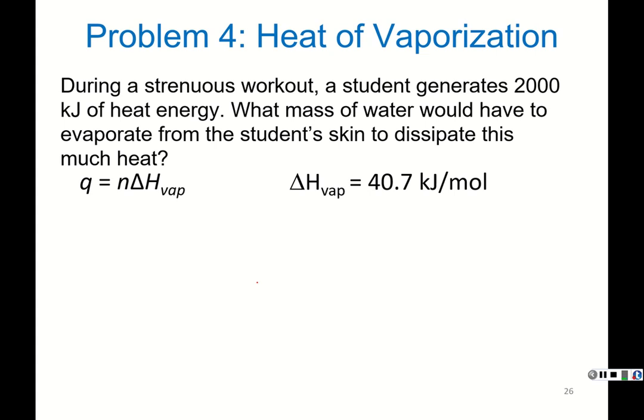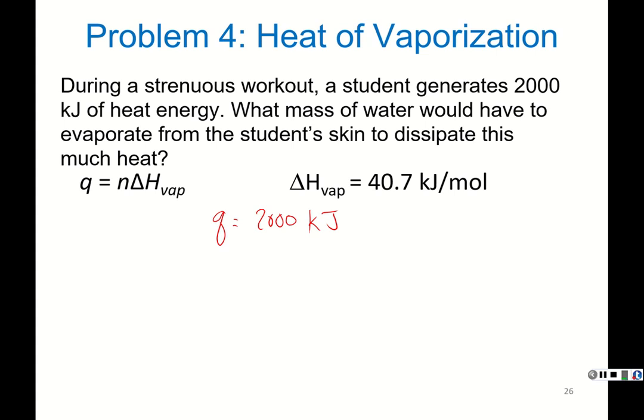So we know we're going to use our equation for the heat of a phase change. We're given the amount of heat that the student is generating, which is 2,000 kilojoules, so our Q is 2,000 kilojoules. We're given delta H; delta H is 40 kilojoules per mole.